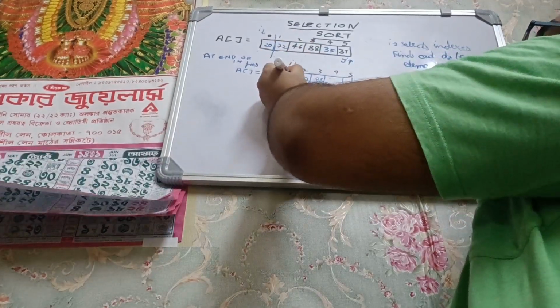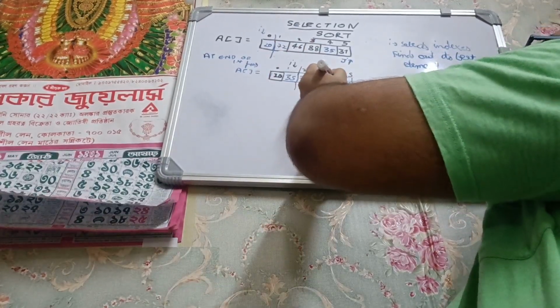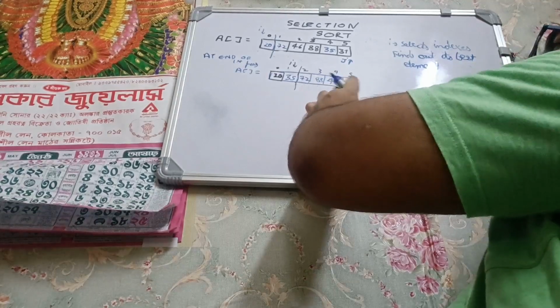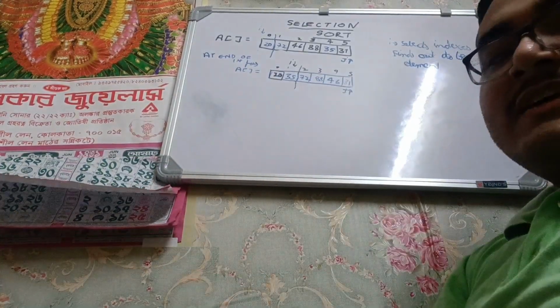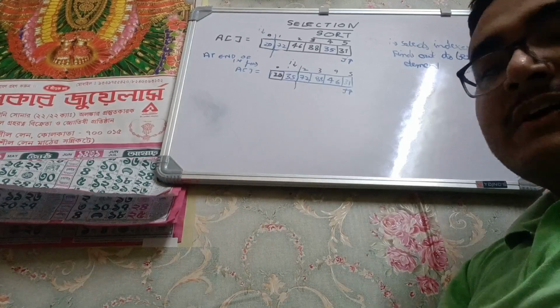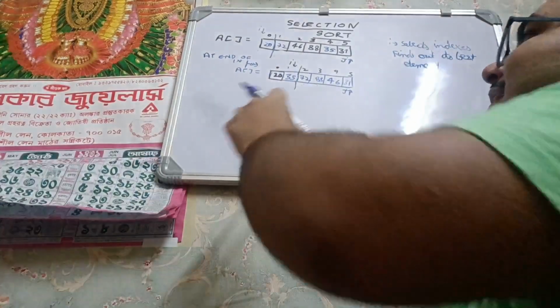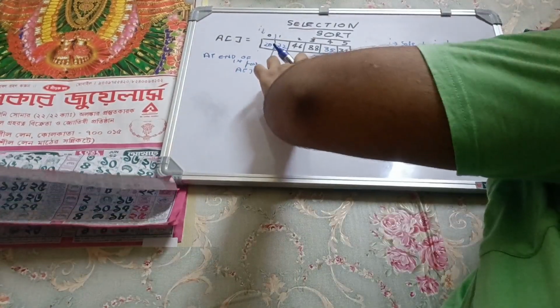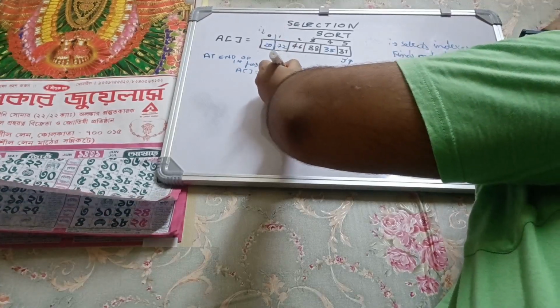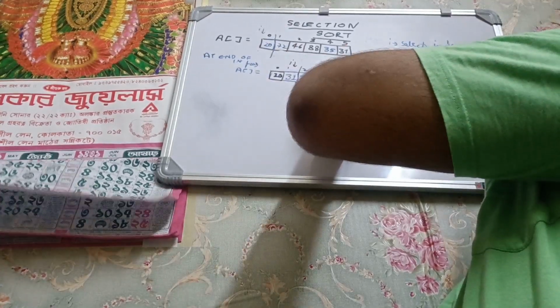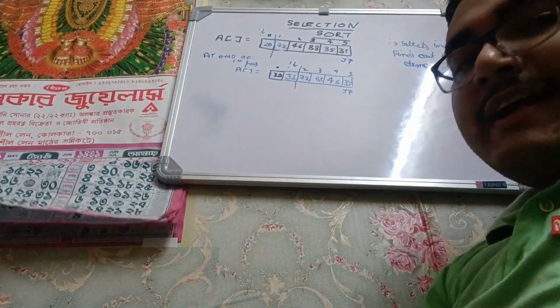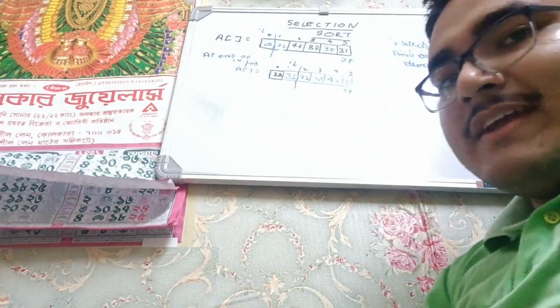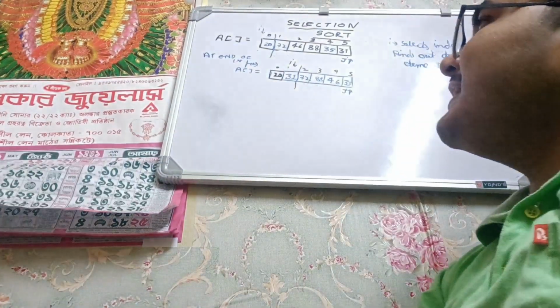And j moves to the next one. Is 35 greater than 31? Yes. So 35 should be swapped with 31. Right? So this is the end of our second pass.